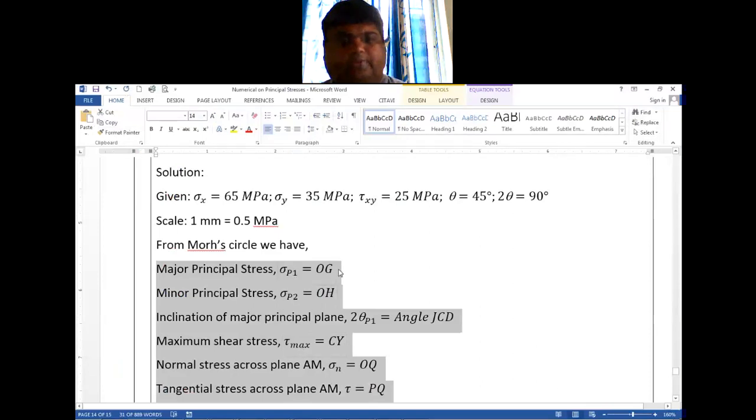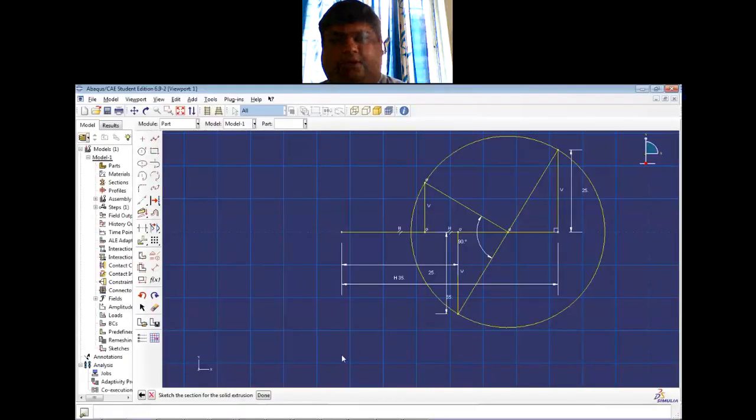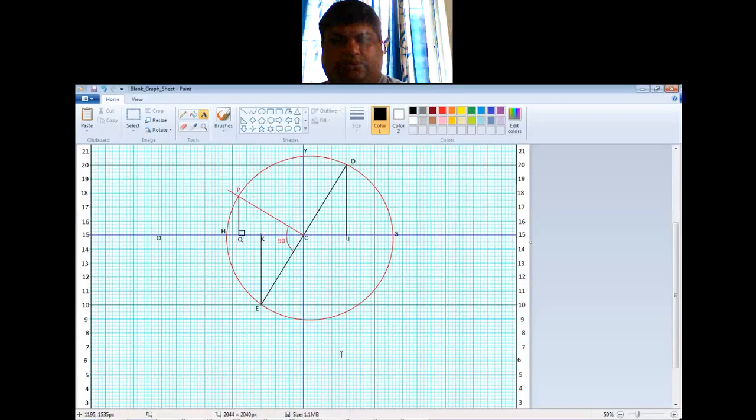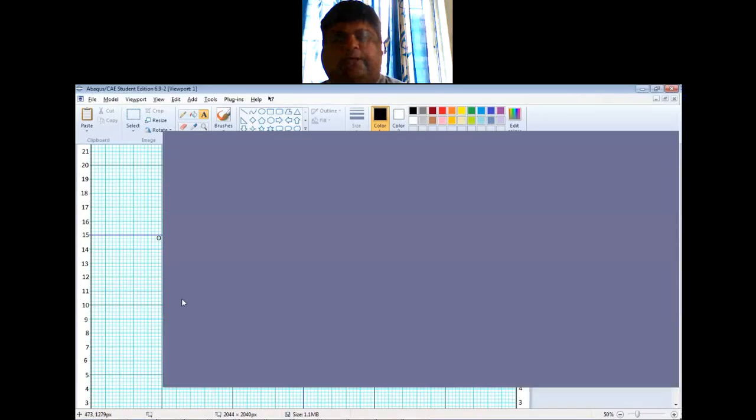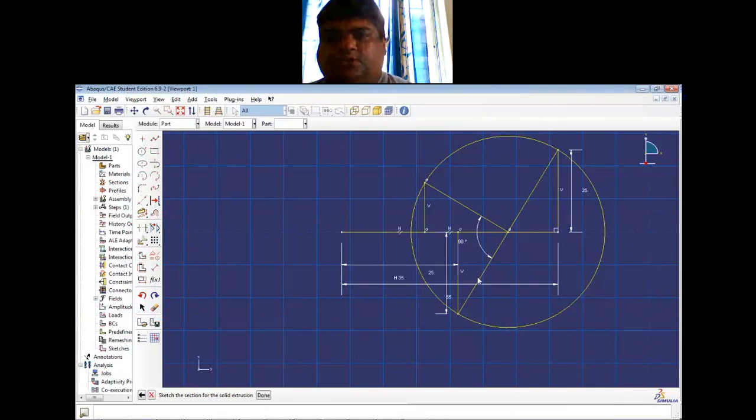So first principal stress sigma P1 is OG. Now OG is from here to here, right? That is the maximum shear stress. So let me find this from this point.